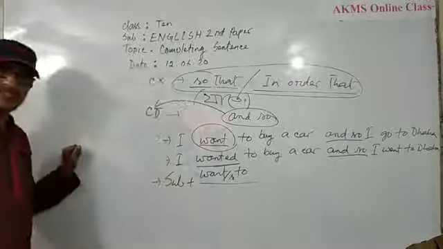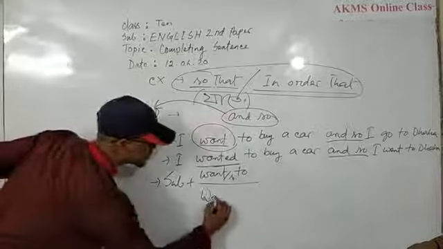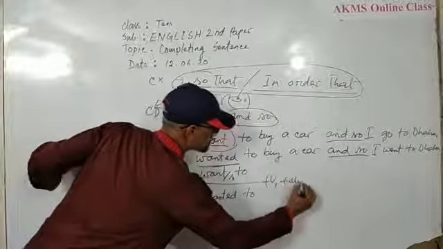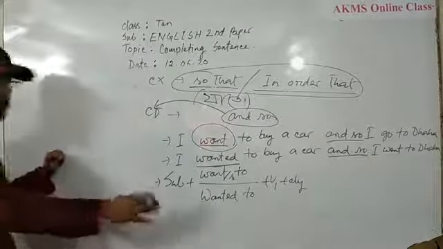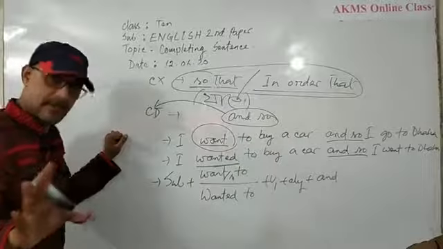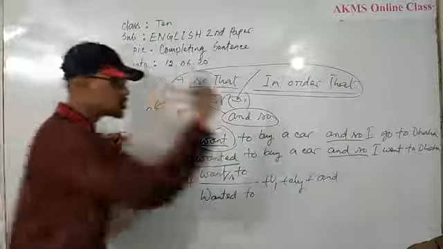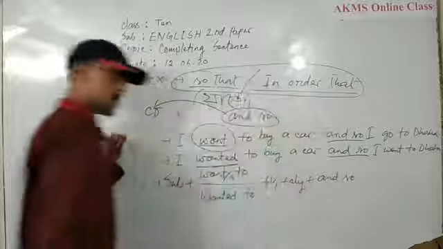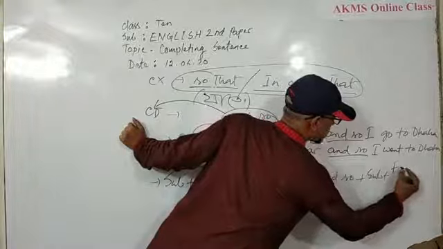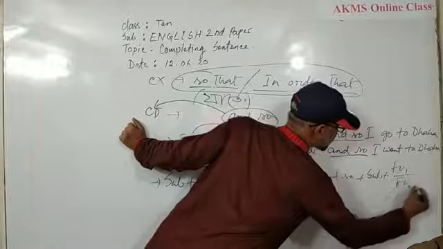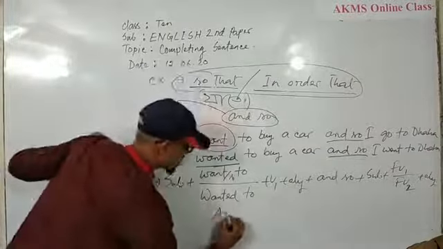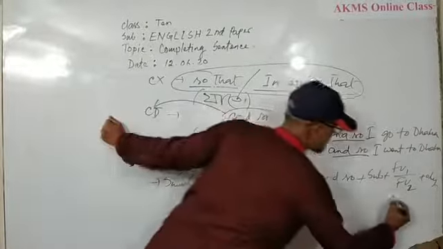If the sentence is in past tense, wanted to. Then verb 1 plus object. This will be given for you. The examiner may give you and, but you should write so. And so, you will write the action, subject, finite verb 1 or 2 plus object. So, it is the aim. And it is the action.